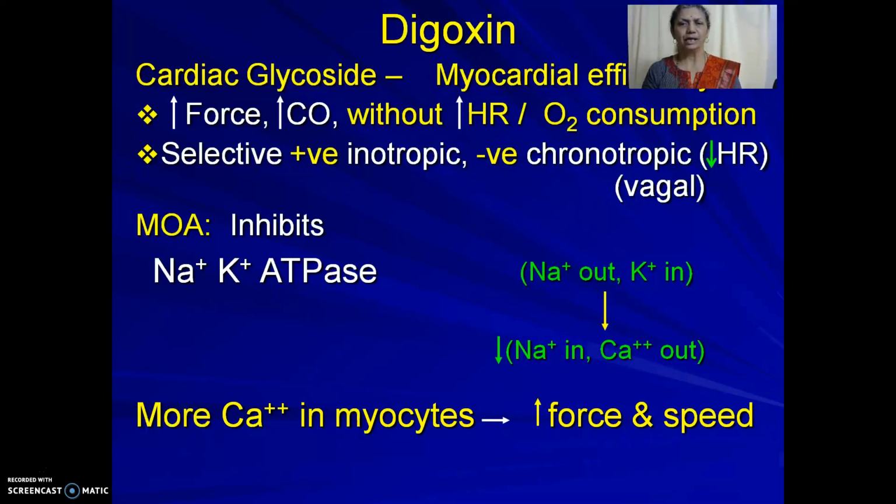And this more calcium made available helps to increase the force of contraction, helps to increase the cardiac output without increasing the heart rate. So that explains why digoxin allows the heart to beat stronger without increasing the oxygen requirement.